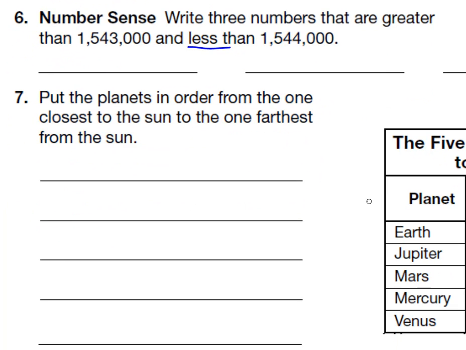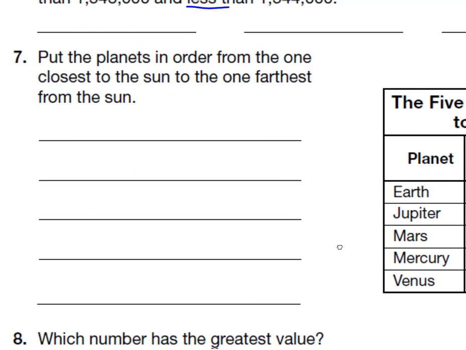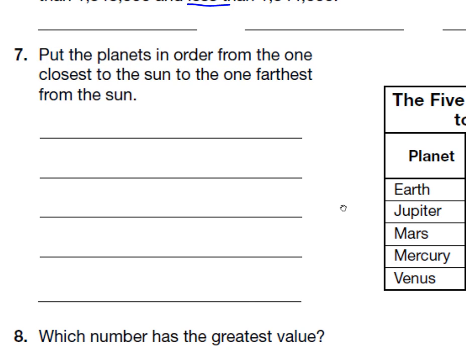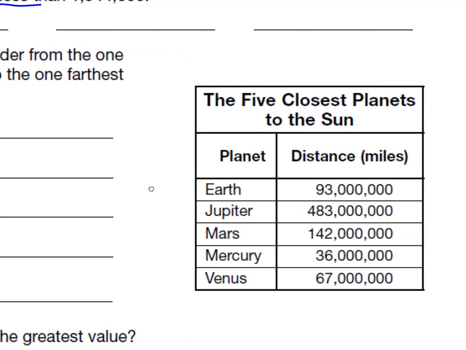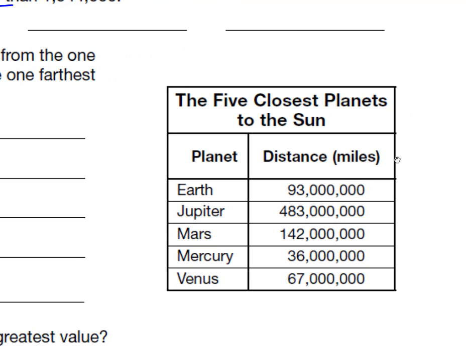Okay, and number 7 and number 8, put the planets in order from the one closest to the sun to the one farthest from the sun. So if we look here, the one closest to the sun, again, we're going to look at the numbers. Since we're starting with the millions period here, obviously Jupiter and Mars are the two farthest away because they go all the way out to the 100 millions place.